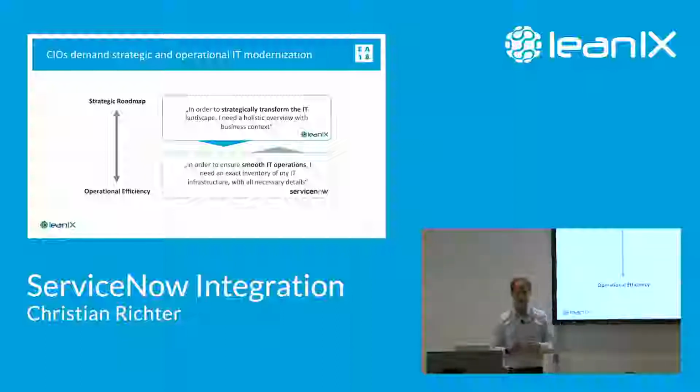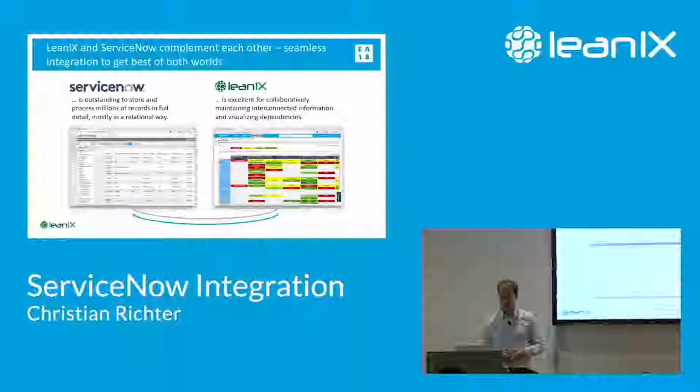So I want to see it in the whole context from an EA perspective, bridging the gap between the business perspective and the infrastructure perspective. Whereas on the other hand, in order to ensure smooth IT operations, I need an exact inventory of my IT infrastructure with all necessary details. So you see the level of abstraction is different here between EA and ITSM.